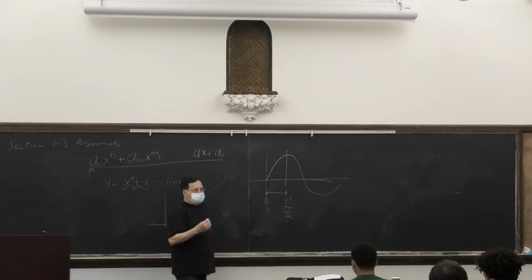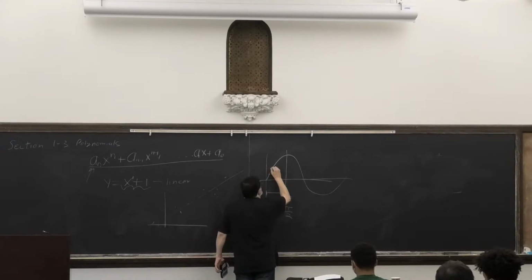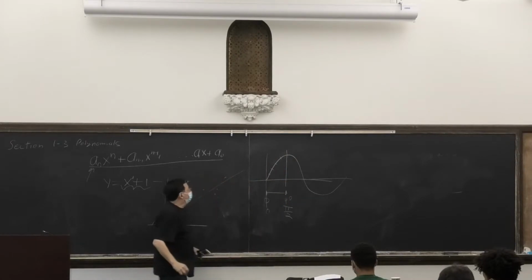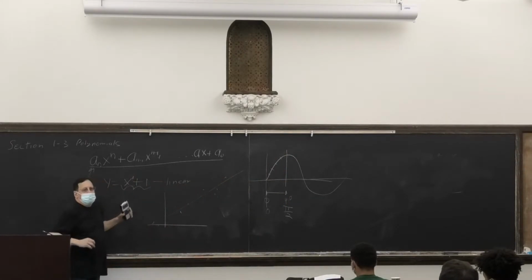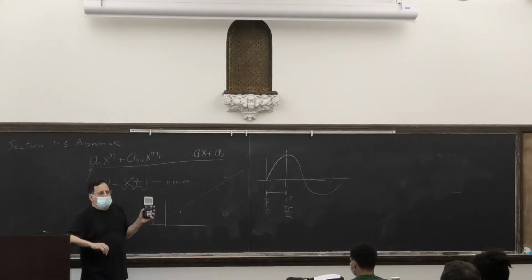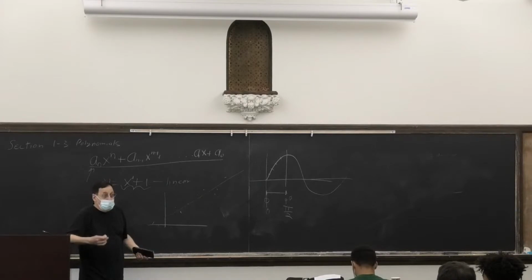You can break this up into pieces, and each of these pieces you can model with a polynomial. And you probably know these calculators give you a number out to at least 10, maybe 16 different digits. So that's how they do it.